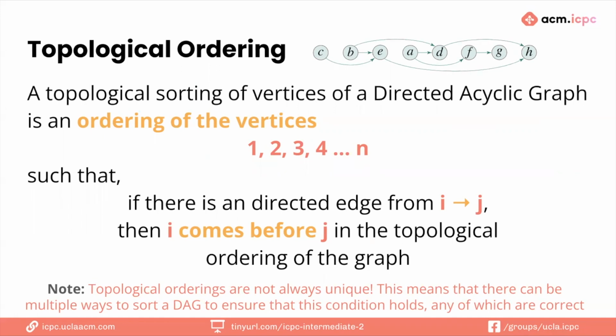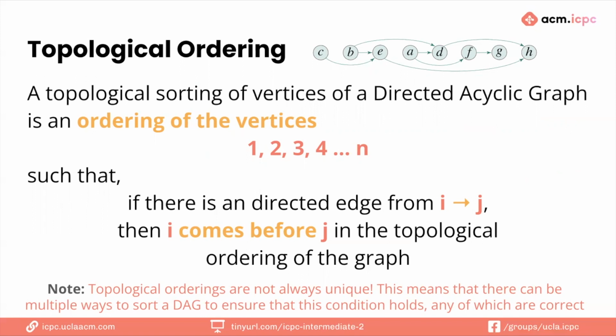This could be letters A, B, C, D. This could be class names, just like in our previous example. Another thing to note is that topological orderings are not unique. Just like there are several 4-year plans that you can take, there are several orderings for the graph that can follow the topological rule. Does anyone have any questions about the definition so far?